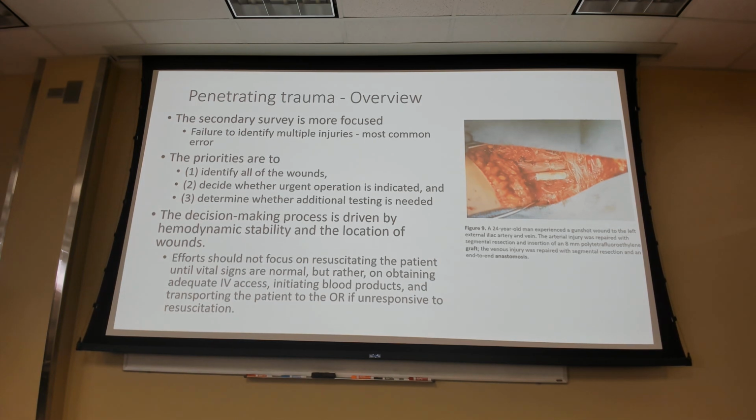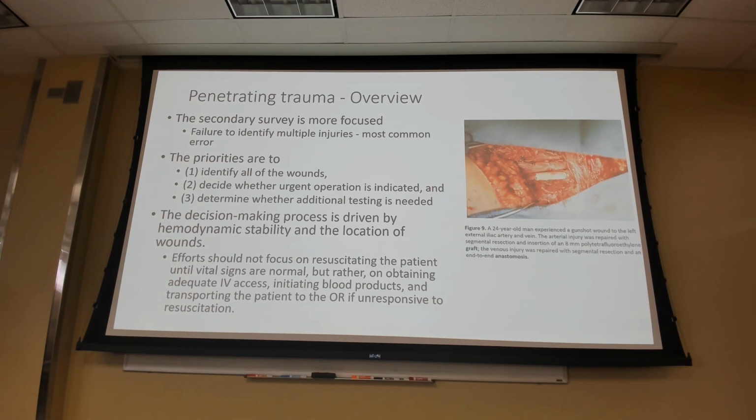Like I've had a guy shot with an AK in the leg, mid femur, and the bullet was in his thoracic spine, sitting right next to it, which is obviously not what we expected. But when we did x-rays, we didn't see a bullet in there. Maybe we need to expand this a little bit and pan CT this guy so we can identify those injuries. So we do have to think outside the box sometimes, but most of the time, with a penetrating injury, that can help guide your physical exam.